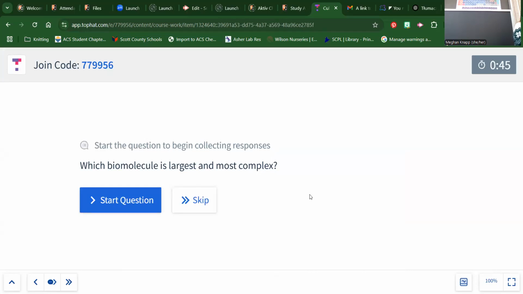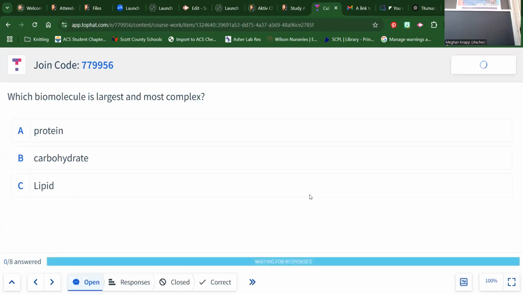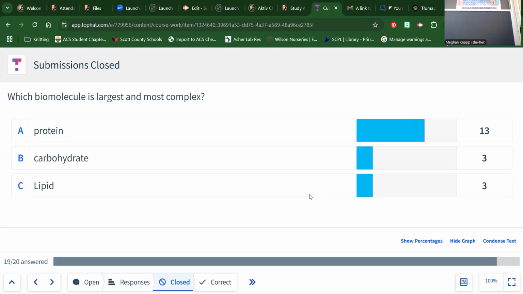Which molecule, so this is kind of thinking back of all of our biomolecules that we've looked at, right? We've had simple sugars, we've had amino acids, we've had cholesterol, we've had proteins. Which of these is the largest and most complex? Majority have this correct.